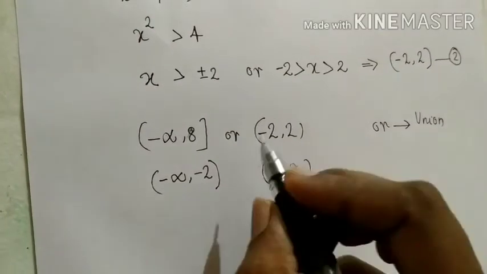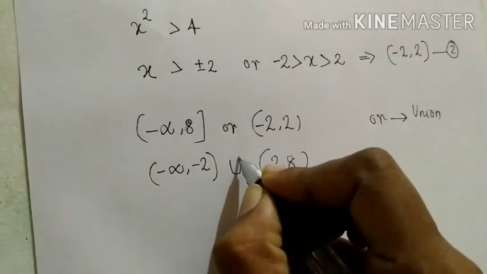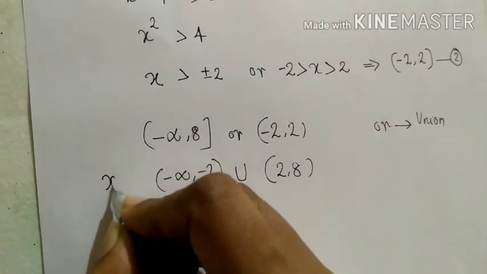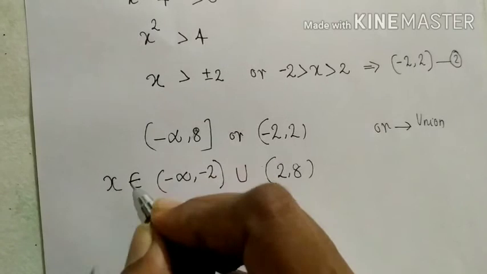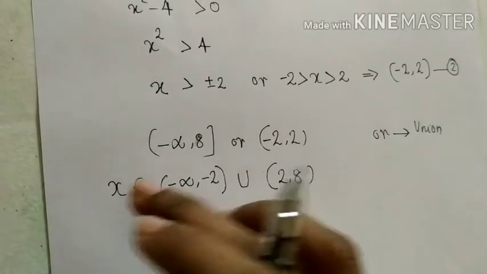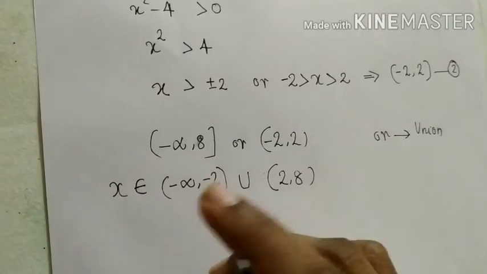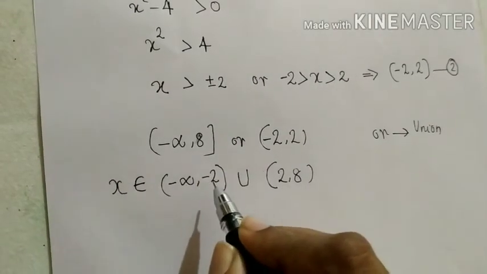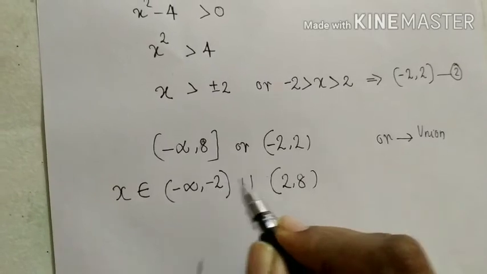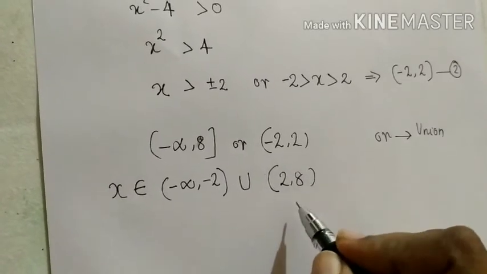So next I am going to place a union here. That is, our x is an element of, or domain x lies between, the interval containing minus infinity to minus 2 and 2 to 8.